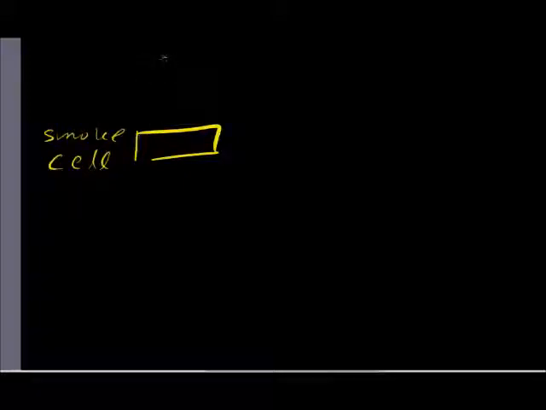Alright, so actually there is more than one experiment which demonstrates Brownian motion, and in this example I'm just going to draw a simple one which consists of a smoke cell which contains smoke particles, and of course to observe the motion of the smoke particles we need to use a microscope.